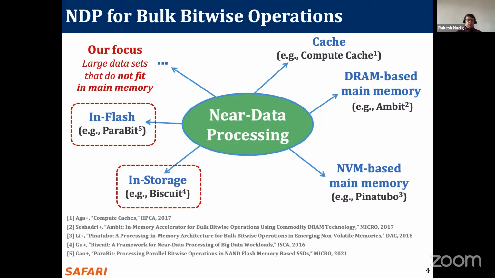We are mostly concerned about in-storage and in-flash processing in this work, because we have large data sets on which we perform bulk bitwise operations, and these data sets do not fit into the main memory. So this is our focus area for this work.